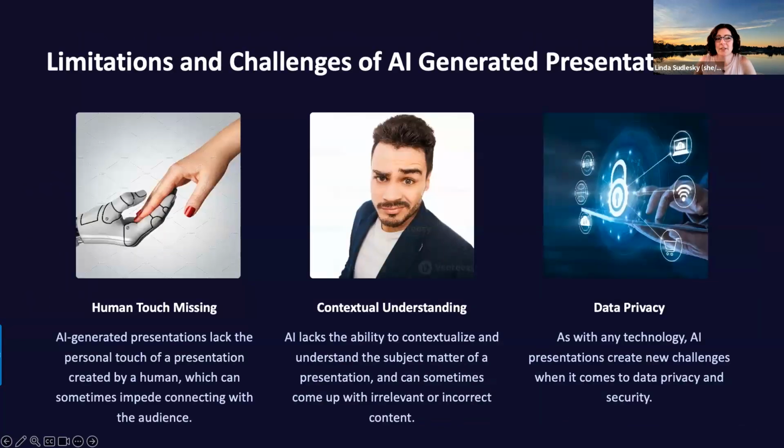So I prefer to use it as a starting point. So, limitations and challenges of AI-generated presentations. Obviously, the human touch will be missing, and that could impede connecting with the audience. So that's important to keep in mind. And what we call the ChatGPT hallucination, or AI hallucination, is that contextual understanding.